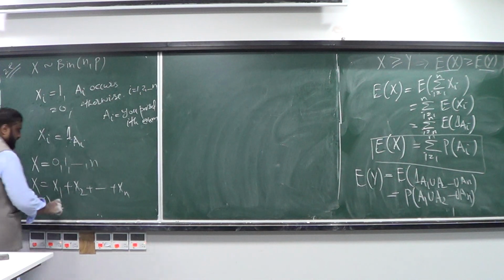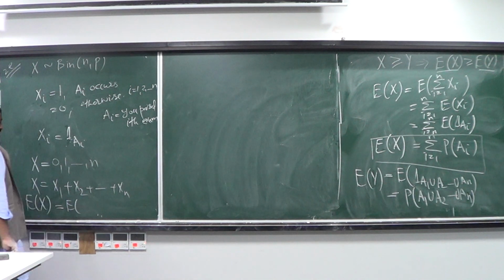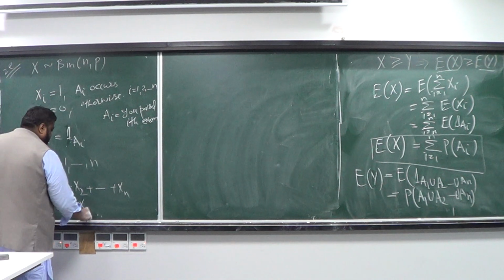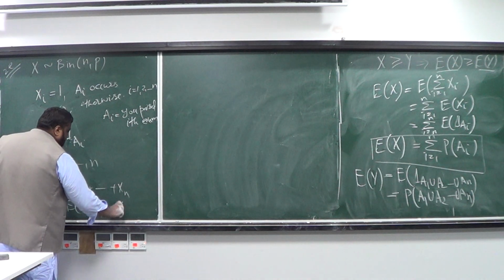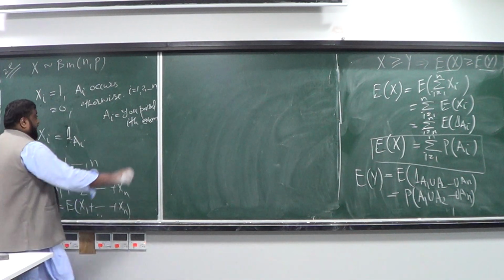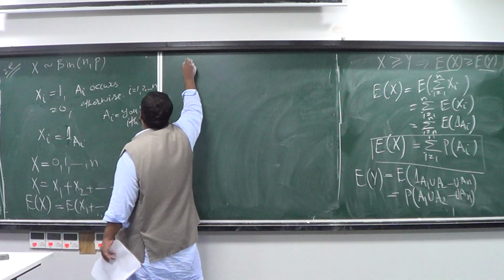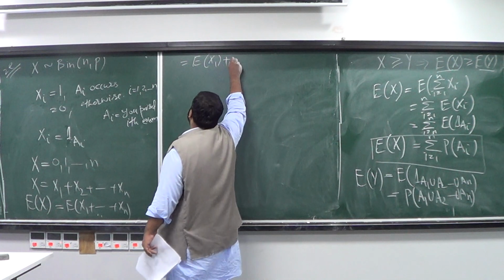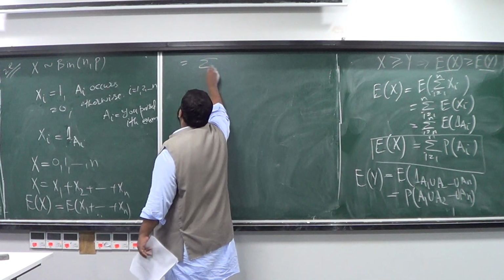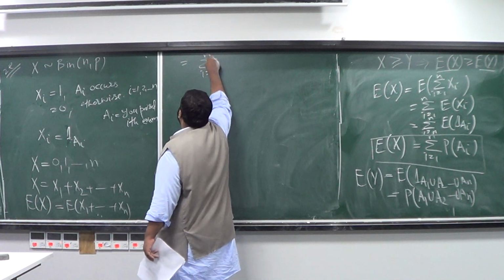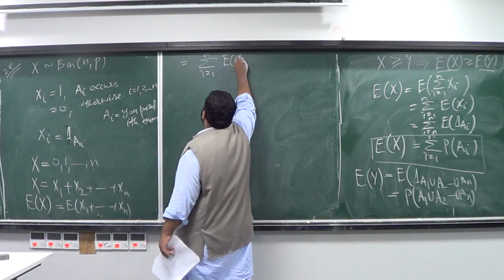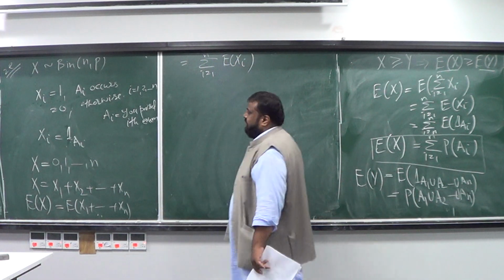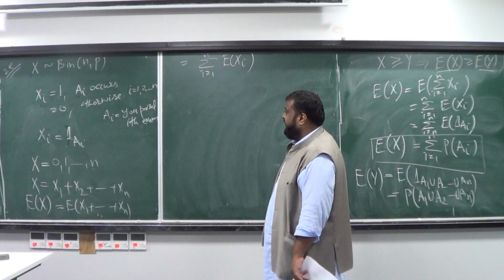So this is the expectation of x1 plus up to xn, and hence I can also write this as the sum from i equal to 1 to n of the expectation of xi, where xi is the indicator function.